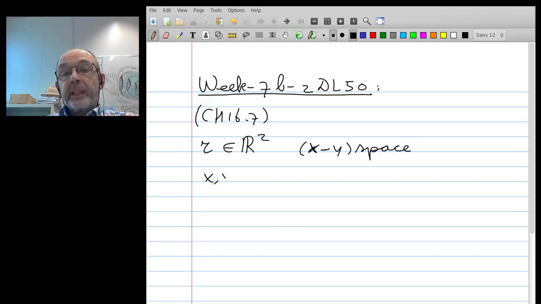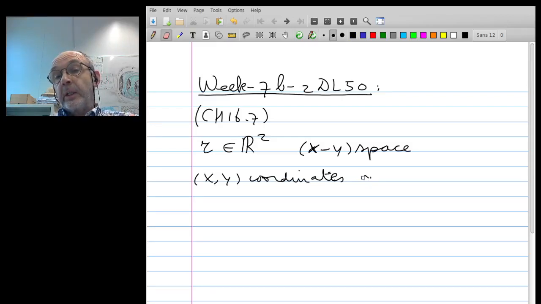Now you have your x, y coordinates, and you can also use the polar coordinates.